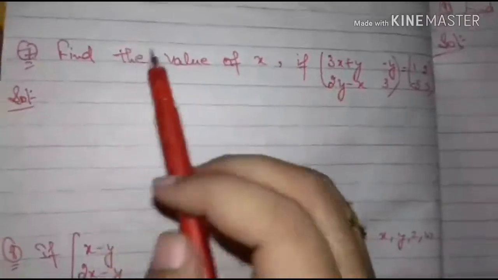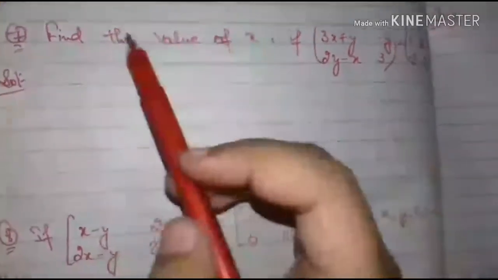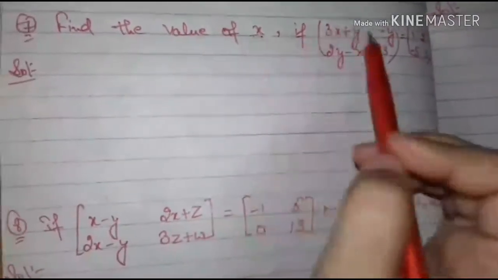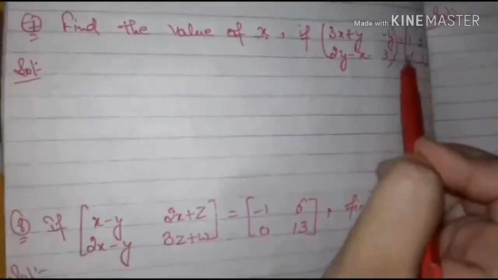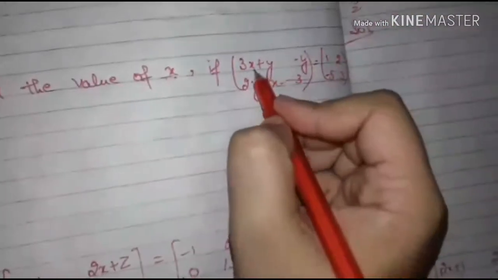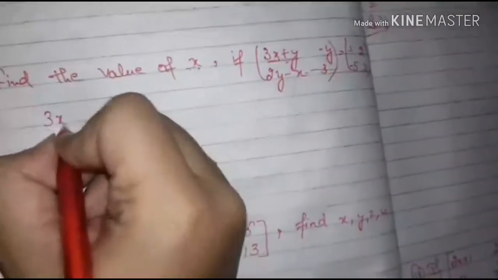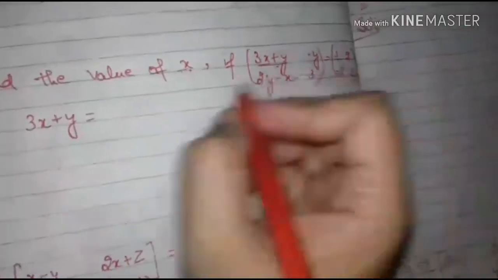Now for the next example, we have to calculate the value of x. For this we have two given matrices. By using the law of equality, we have 3x plus y is equal to 1.